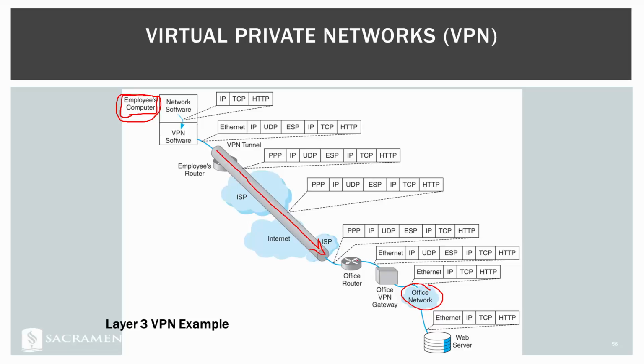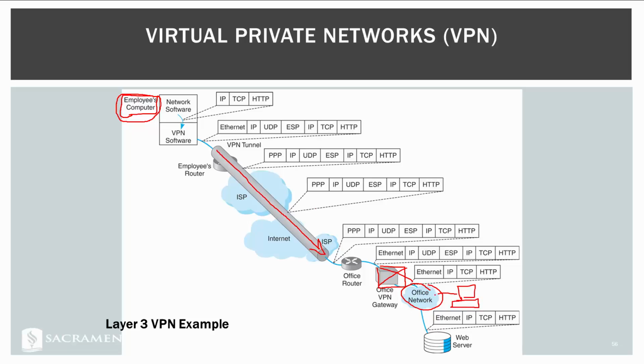And if it connects properly to my Office VPN software, sometimes this is hardware also, but software, what this software will do right here is it will spit out your traffic onto the local network as if you were already a computer that was directly connected to the Office network.